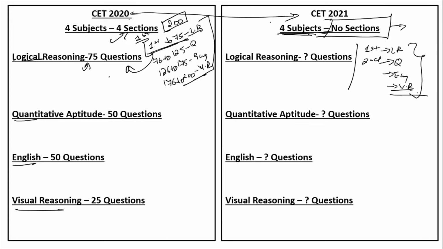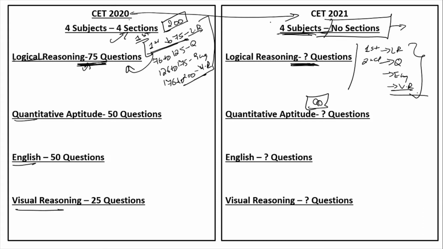Another major difference was the number of questions. As per the official notification of CET, there were supposed to be 75 questions of logical reasoning, but in 2021 one couldn't bet on that. It was different for different slots. Let's say one slot had 90 questions of quantitative aptitude.